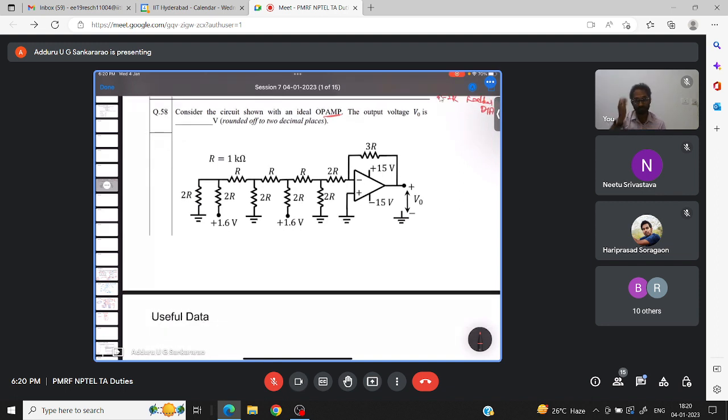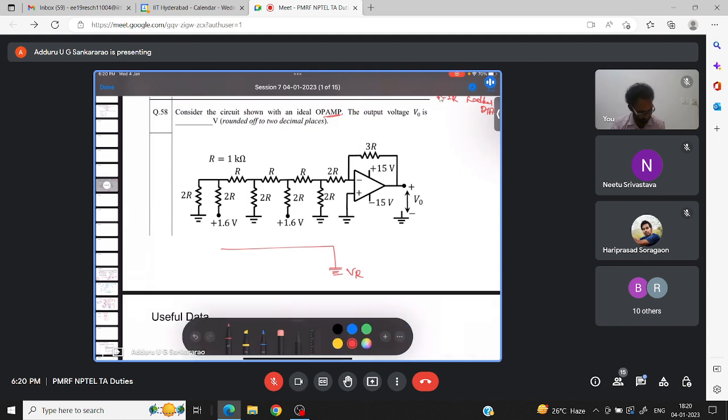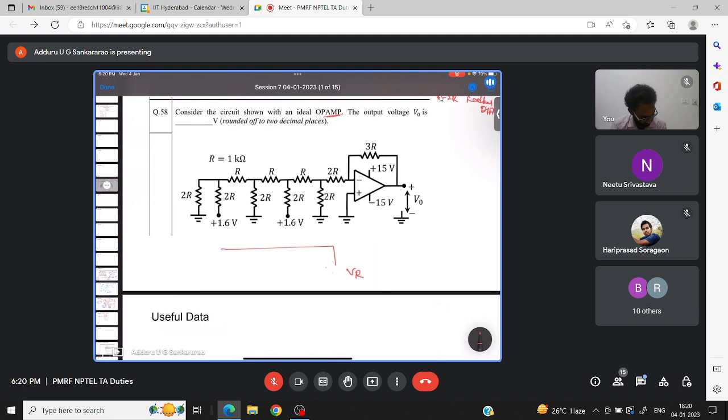Okay. Generally you might have seen this. You will have some reference voltage here. Now you will have some switches here.